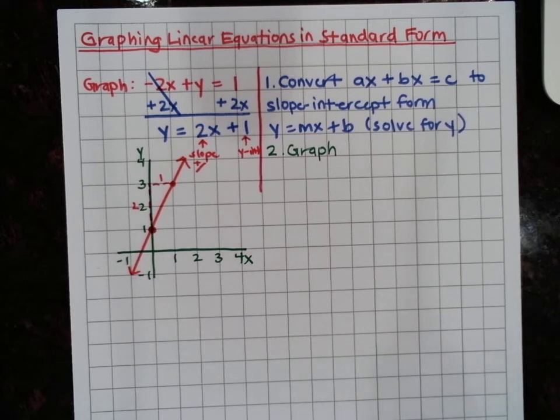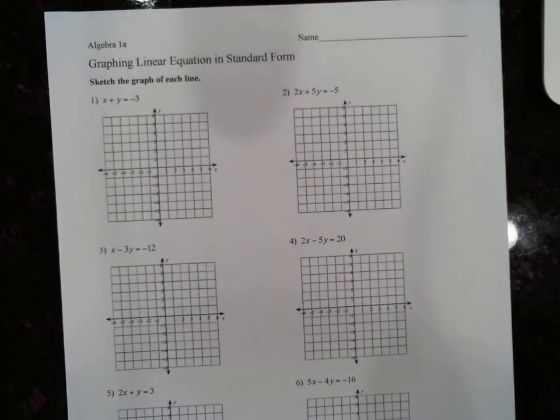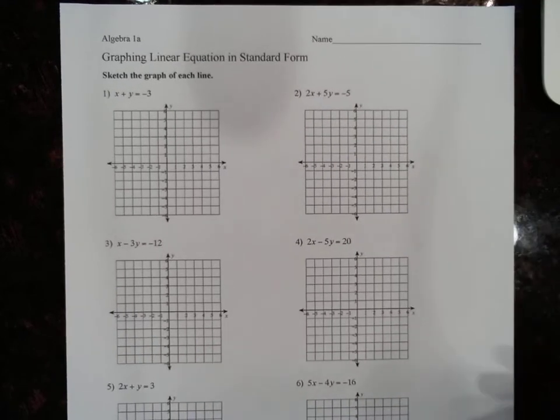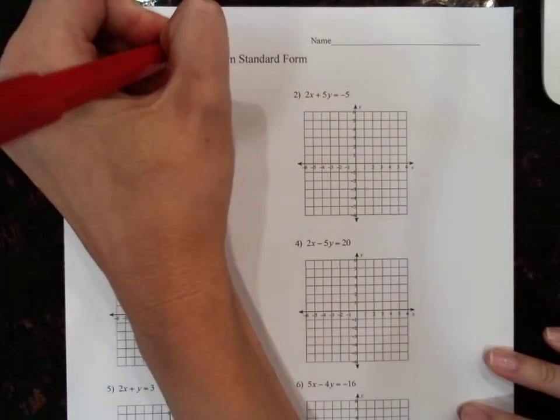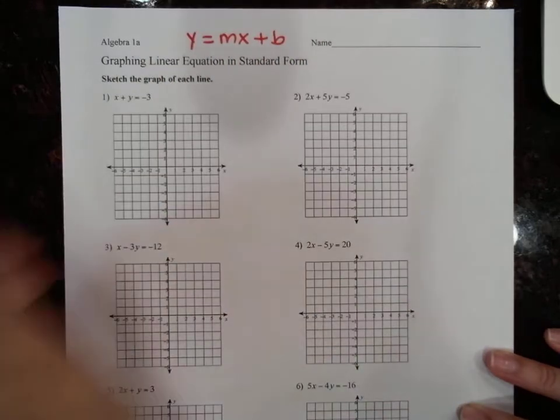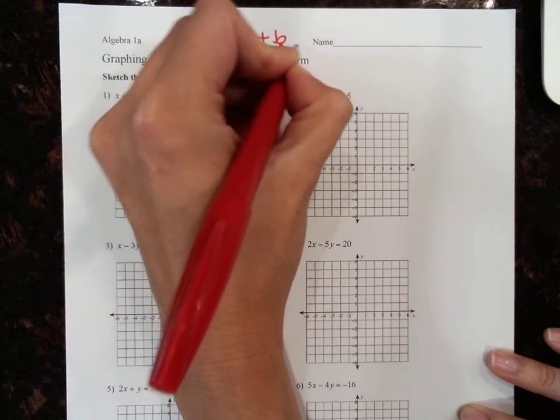Okay, let's go ahead and look at your assignment: graphing linear equations in standard form. Remember, we need to convert to y equals mx plus b. We need to solve for y so that we know what our slope is and what our y-intercept is.